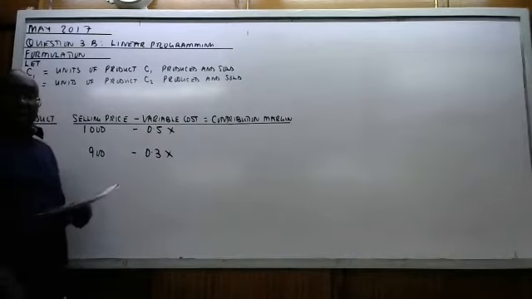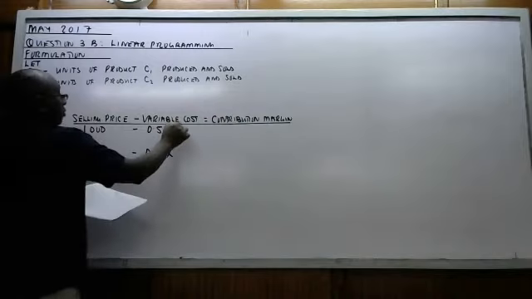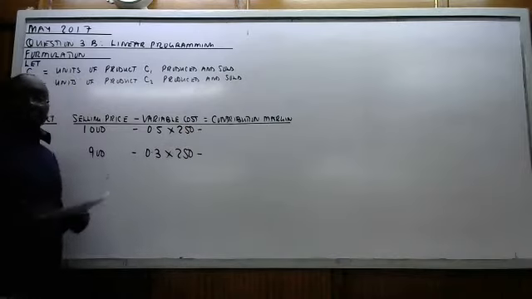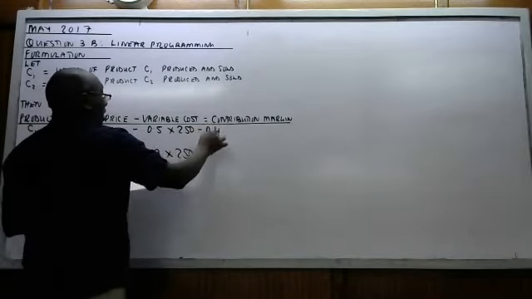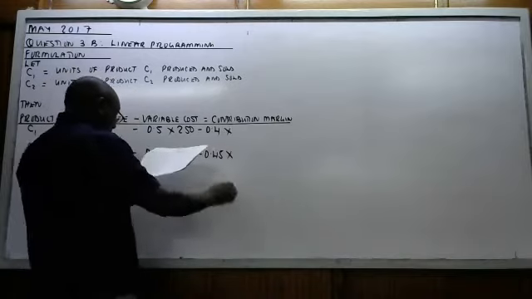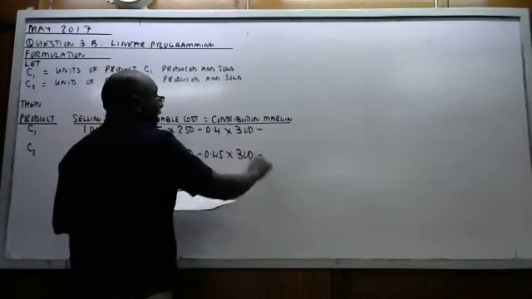Multiply by, when you go down there, you are told the variable machine overheads are estimated to be 250 and 300 per machine hour for X and Y respectively. So there's a 250 and 250 here. Then you minus the ones for Y, which is 0.4 and 0.45. And we are told this is 300.